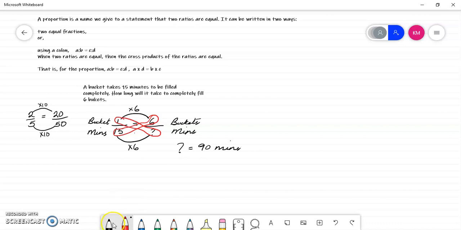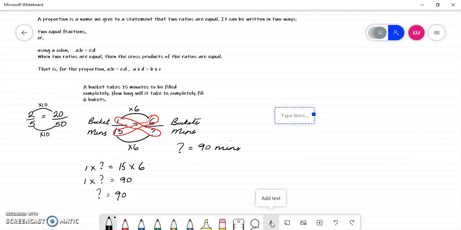They have 1 multiplied by that value there is going to be equal to 15 multiplied by 6. 15 times 6 is 90, so 1 multiplied by something should give me 90, and I know that 1 multiplied by 90 is going to give me 90, so that value there is 90. And this is the method that you are going to see being frequently used to solve proportional questions, the cross multiplication method.